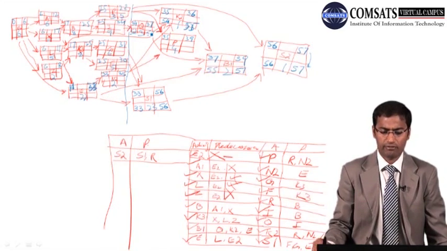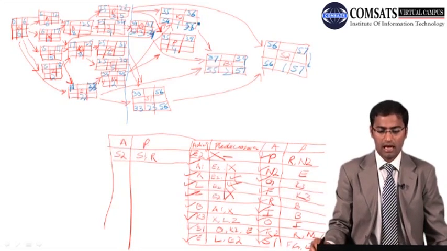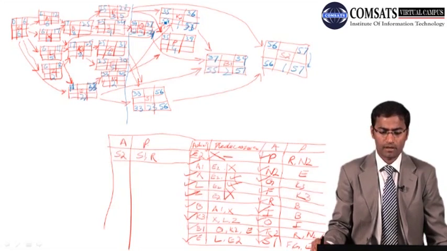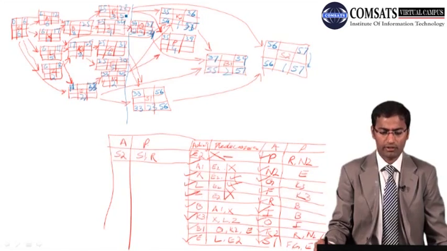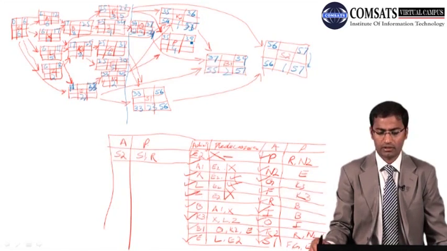We may have 54 for that, so we take the smaller one, 54. Okay, and this 54 will go over there, 54 or 56 or this one.